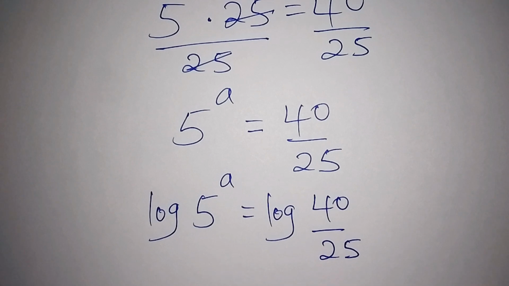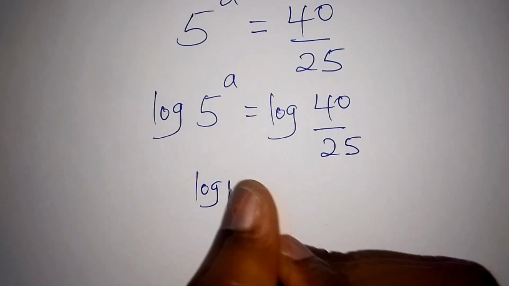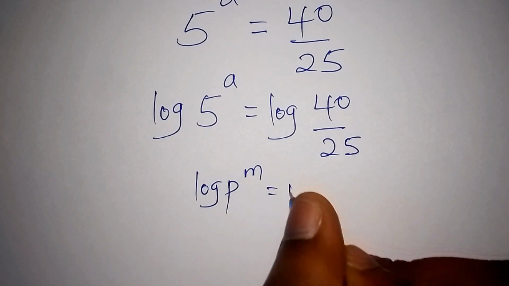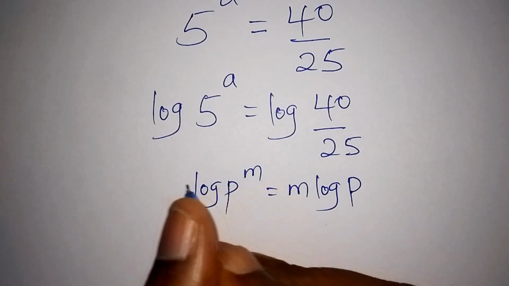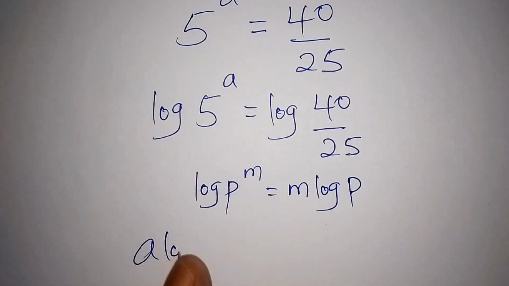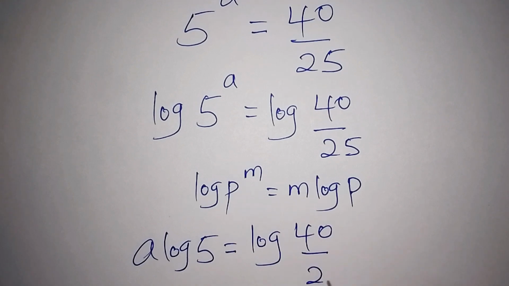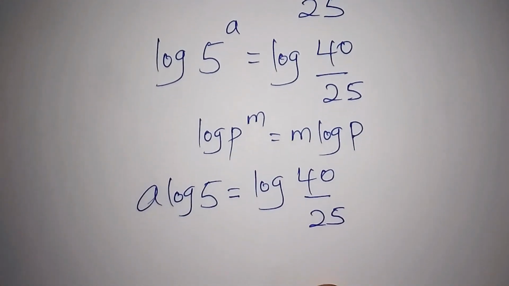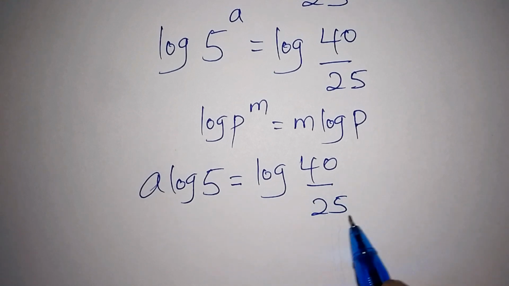Now, we all know that the log of p to the power of m can also be written as m times the log of p. So that brings us to a log 5 is equal to the log of 40 over 25.